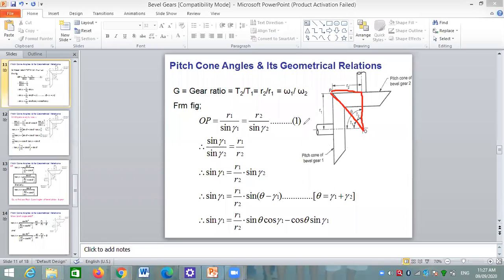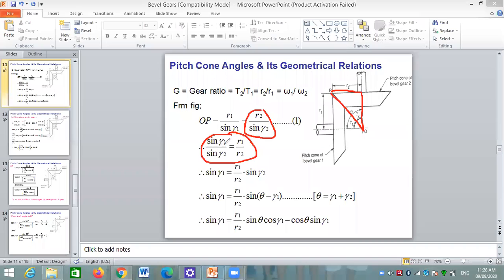Okay, then in equation 1, OP is equal to R1 upon sine of gamma 1 and OP is equal to R2 upon sine of gamma 2. We will rewrite this equation as sine of gamma 1 upon sine of gamma 2 is equal to R1 upon R2.